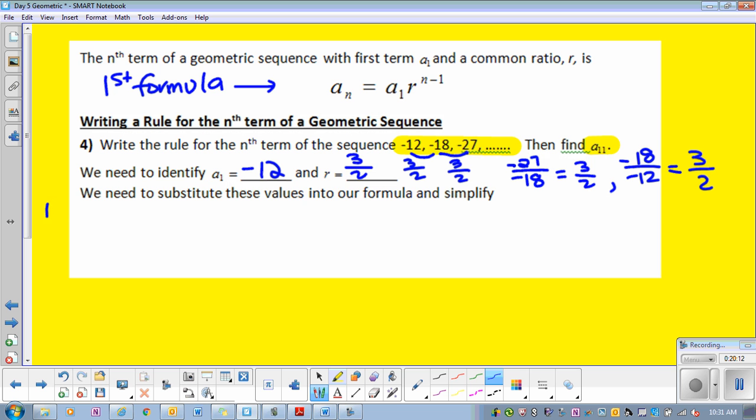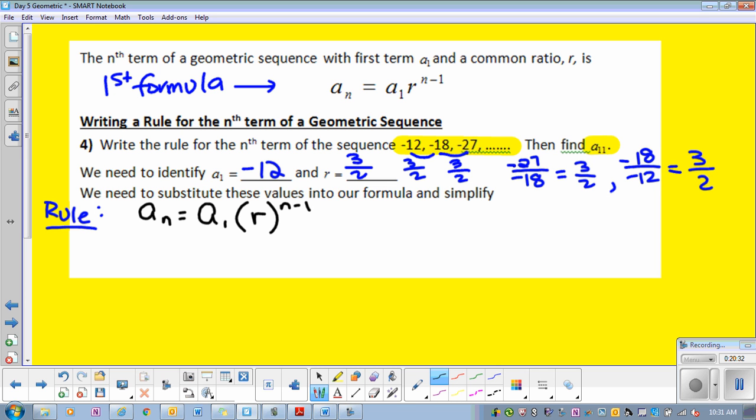So to find the rule, plug it right back into that formula. You want the n's so that you can plug in whatever n. So we're going to plug it into a sub n equals a sub 1 times r to the n minus 1.